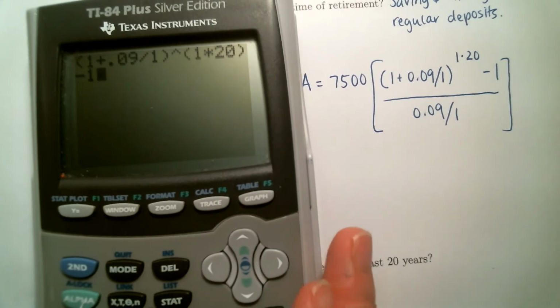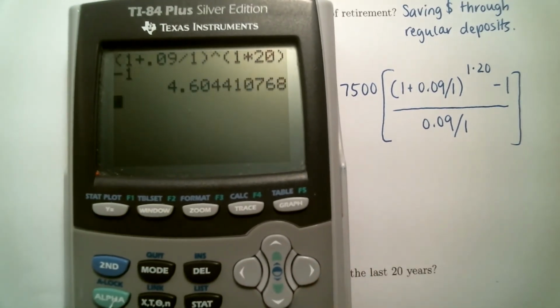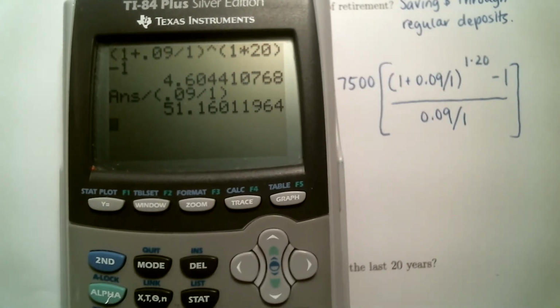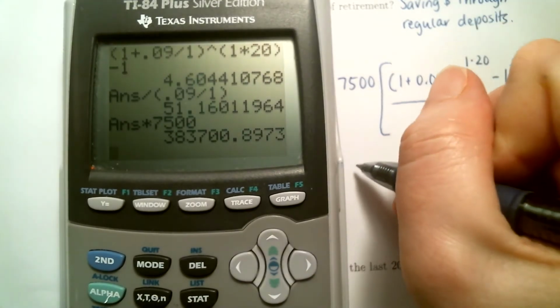This will give you the numerator. Now we divide by the denominator, which you could just do in your head as 0.09. This is what's in brackets, and now we need to multiply that quantity by the 7,500. This is how much is in the account, and that's a sensible answer.